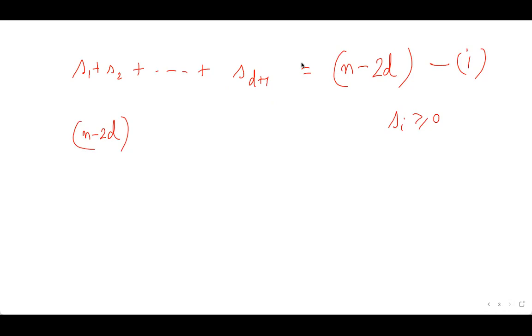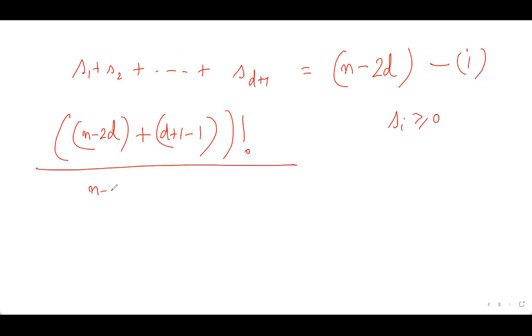I need d plus 1 minus 1, that is d boundaries, so for those boundaries I'll be taking zeros. So it's basically the number of binary words I can make with all those ones and zeros. So I have n minus 2d plus d plus 1 minus 1 ones and zeros, factorial divided by n minus 2d factorial and d factorial. So this is nothing but n minus d choose d. And now I can place those D black tiles in these many ways.